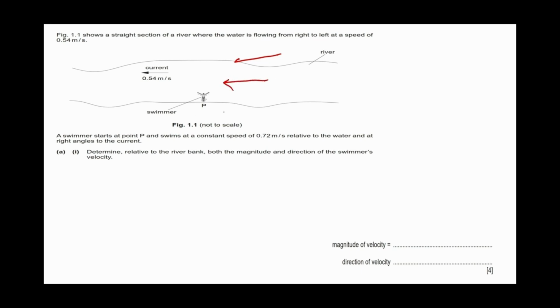And this swimmer starts at point P and swims at a constant speed 0.72 meter per second relative to the water and at a right angle to the current. Determine relative to the riverbank, both magnitude and direction of the swimmer's velocity.